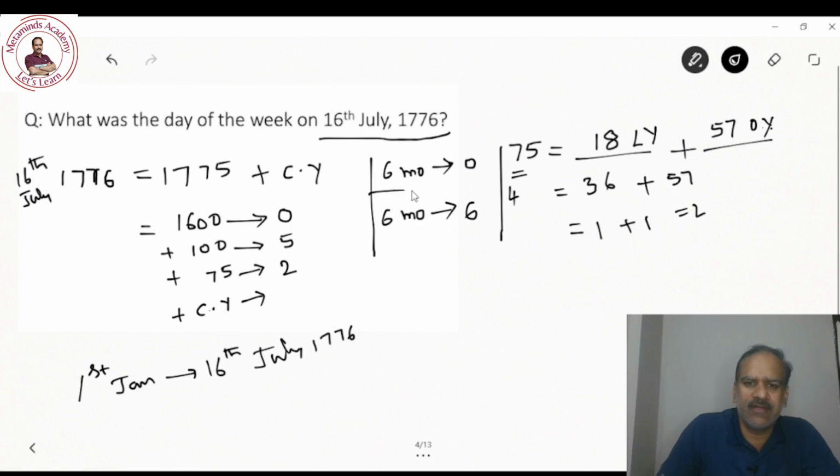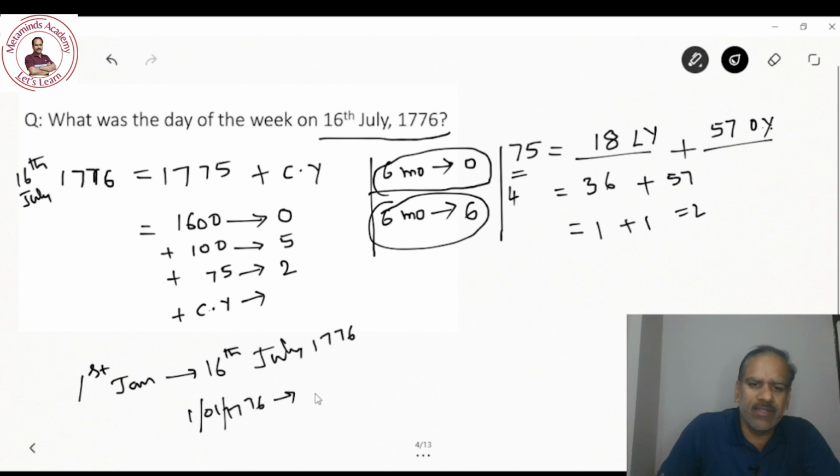So this is leap year, this is ordinary year. We are calculating from 1st January to 16th July. 1st January 1776 to 30th June 1776, you have 0 odd days because 1776 is divisible by 4.